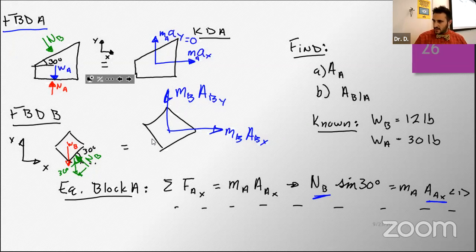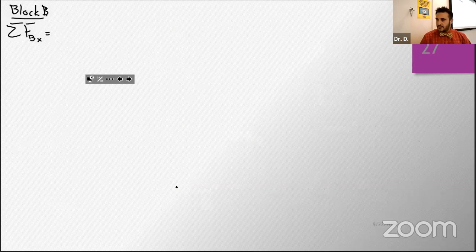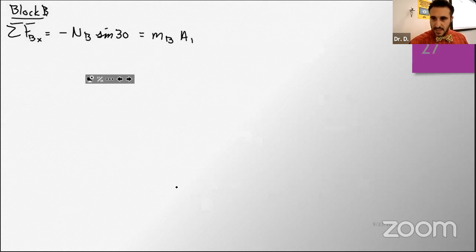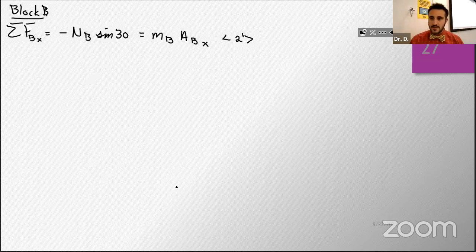That's clearly going negative there. Makes sense, because it's an internal force, so that should be equal and opposite. The weight doesn't have any X component, because the weight's acting purely in the Y direction. So this is equal to the mass of B times A sub B in the X. We'll call this equation 2 prime, because this is the other way of doing this.